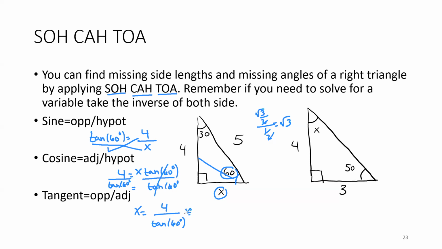Make sure you are in degree mode, not radians. If you put that in the calculator, I get 2.3. So x, the missing length, is 2.3.